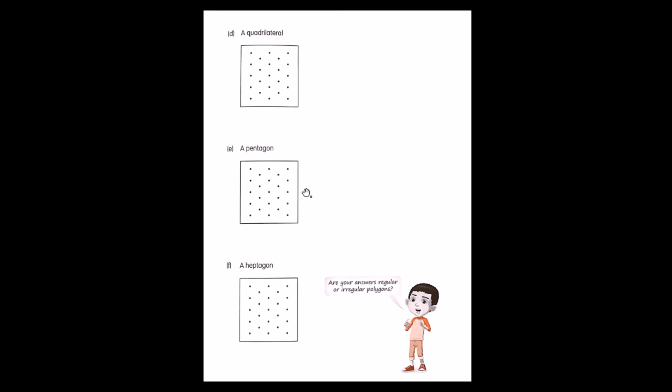Try to make some difference with the angles. It does not have to be a regular one, it could be irregular, that's okay. You can vary the way you draw your shapes. You don't have to make them exactly like in the book. For example, the pentagon, at least you've got five sides, so you just put the five sides in your own way. Just make sure that it's a pentagon with five sides.